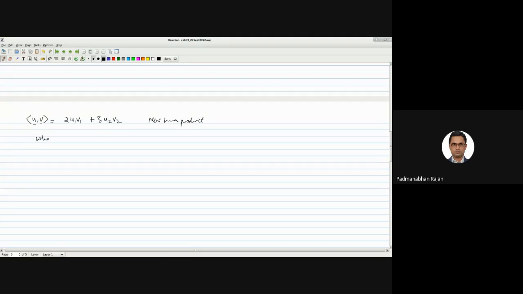Now, what is the norm induced by this inner product? Essentially, you have to compute the induced norm of u, which is the square root of the inner product of u with itself.